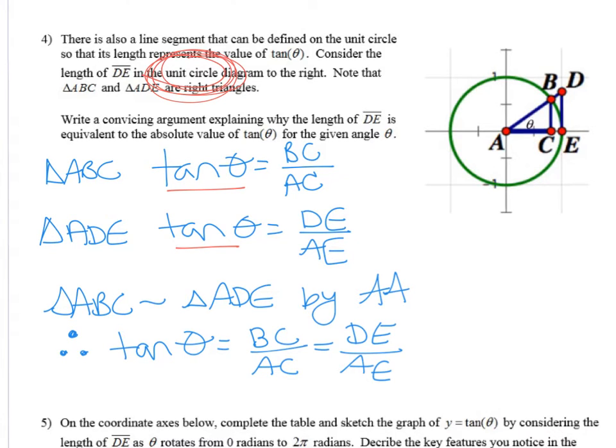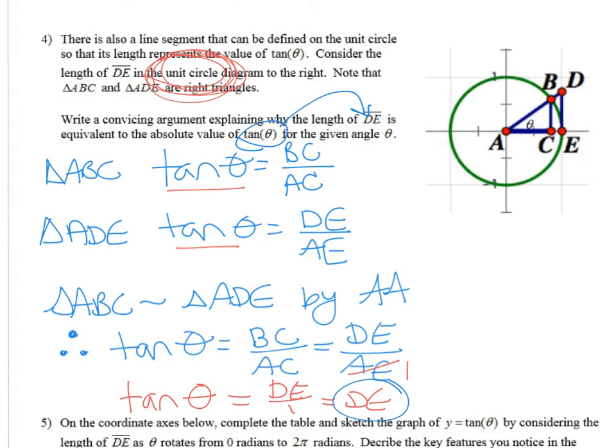Let's fill that in. So that means AE is 1. So tangent of theta equals DE over 1, which equals just DE. We did it. It says, explain why the tangent of theta is DE. There we go.